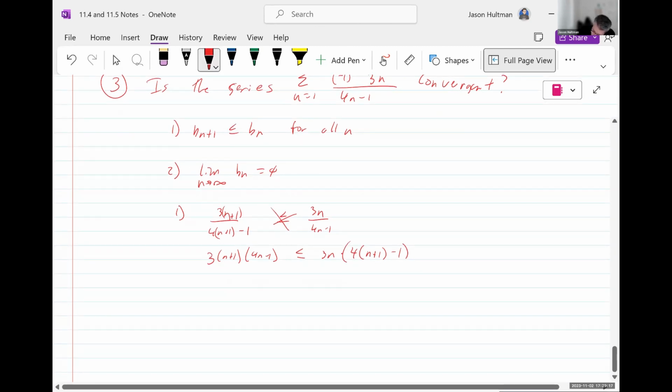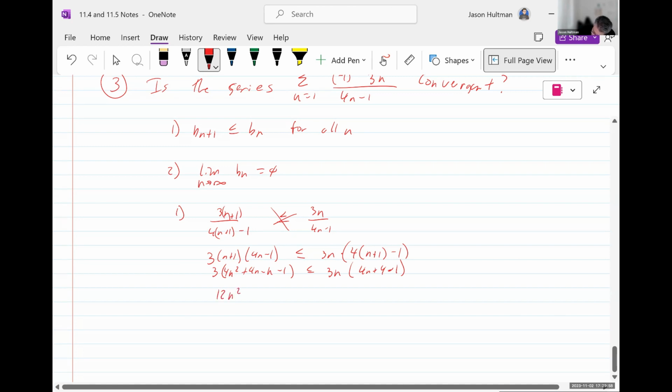So I'm going to distribute. This becomes 3 times 4n squared plus 4n minus n minus 1 is less than or equal to 3n times 4n plus 4 minus 1. So just continue to distribute.